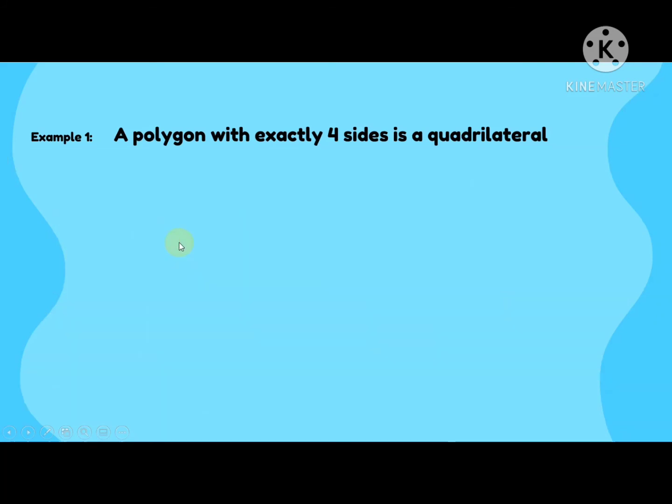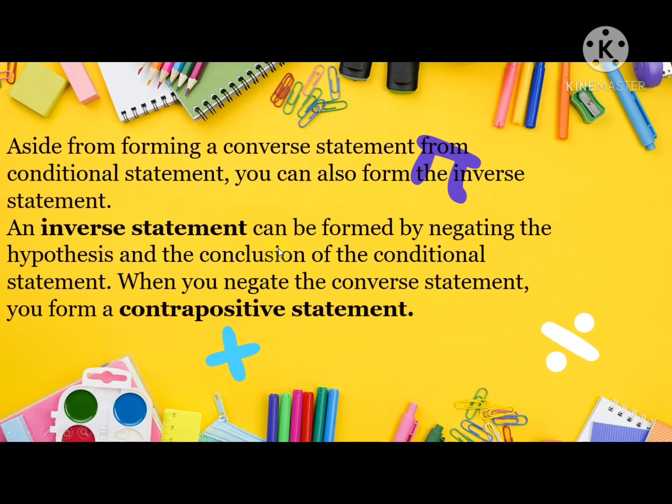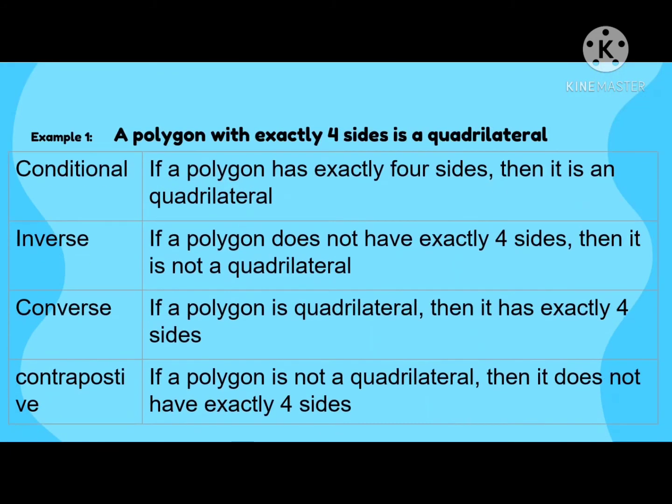So, remember, inverse statement can be formed by negating the hypothesis and the conclusion of the conditional statement. Negating. So, ibig sabihin, negative yun. So, in this conditional statement, we will proceed to inverse: if a polygon does not have exactly 4 sides, then it is not a quadrilateral.